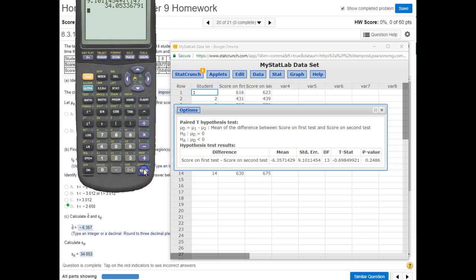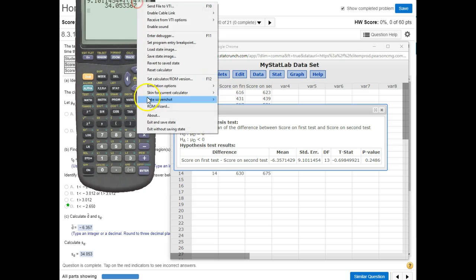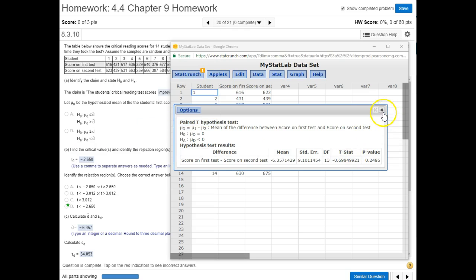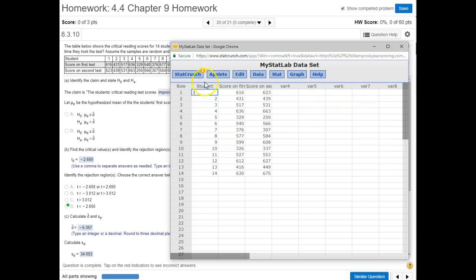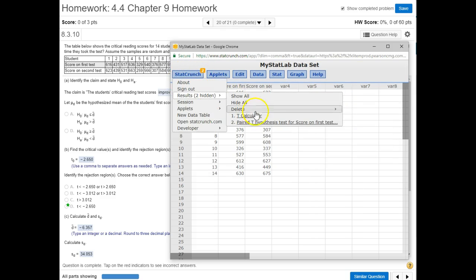We've done this before, and we get 34 and that 0.053. So that's that value right there. Or I'll show you both ways. You could also, oh, actually we want that.